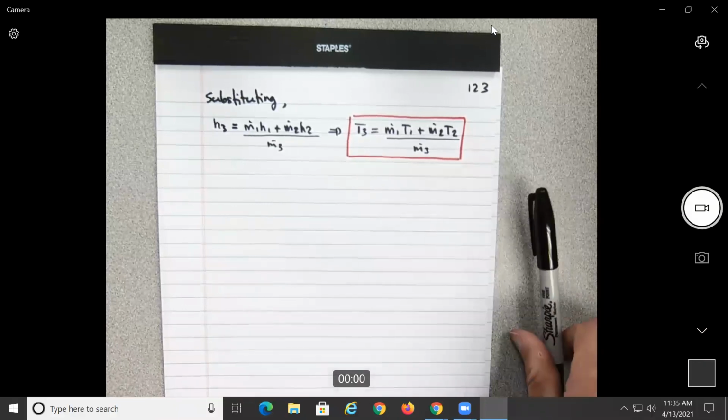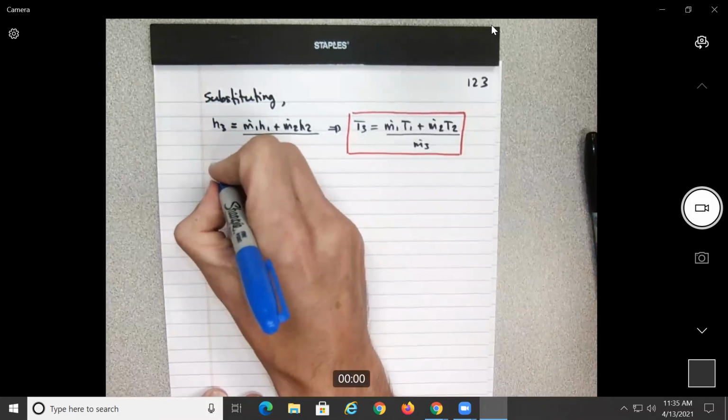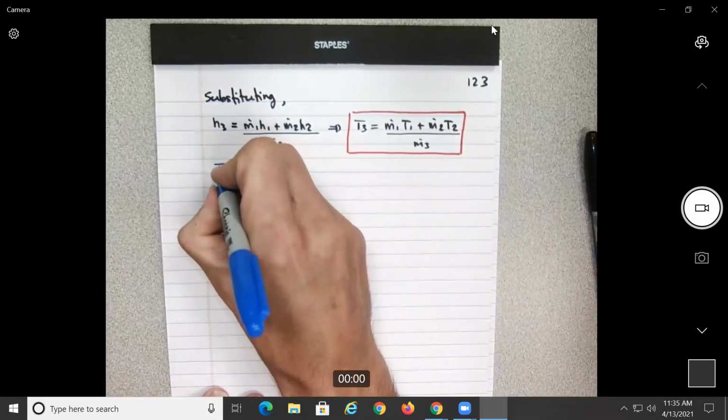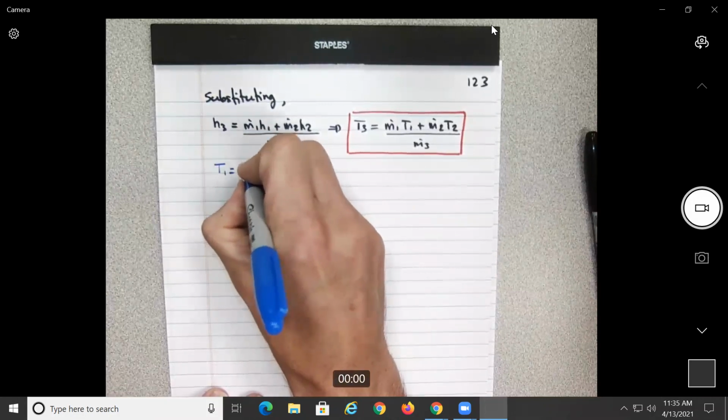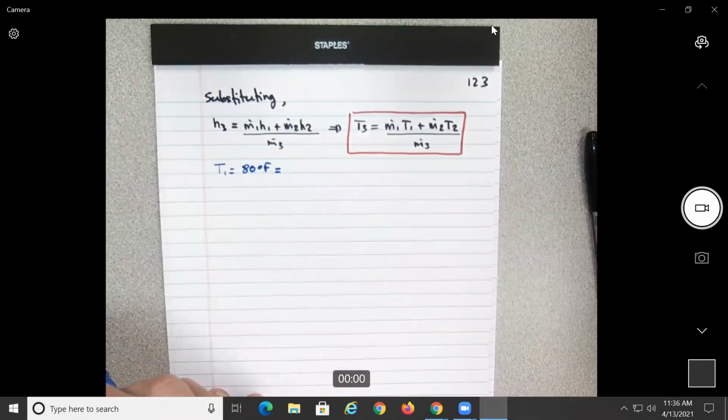Okay, so what do we know from the problem statement? We know that T1 is 80 degrees Fahrenheit. If we move that into Rankine, what would that be? Is it 460? I think it's 460, no? With the approximation, that should be 540.